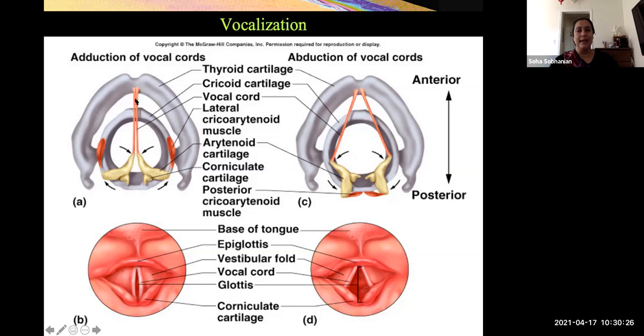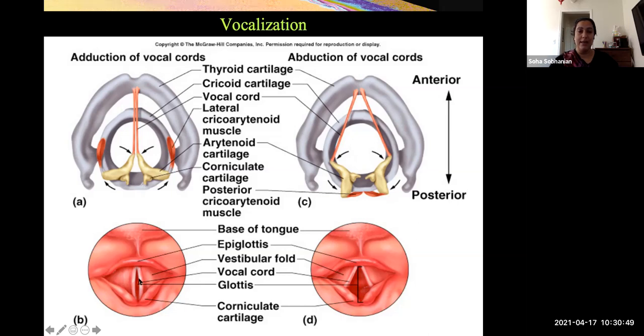You can see that these 2 strings are your vocal cords. By movement of the cartilage, you can either open up the vocal cords to open a gap right here, or close these 2 cartilages to bring the 2 vocal cords into a closed position.